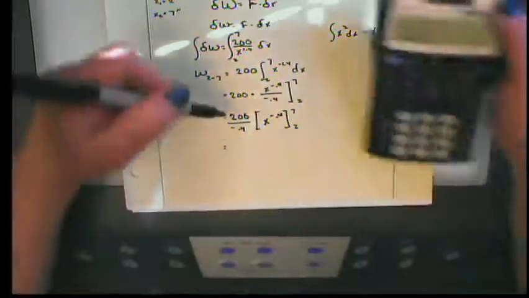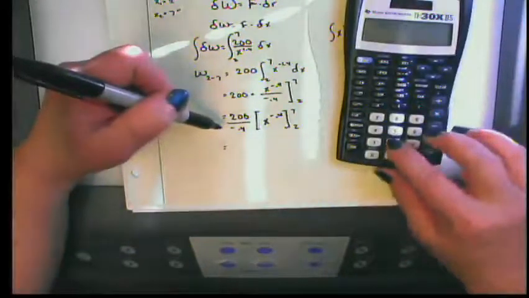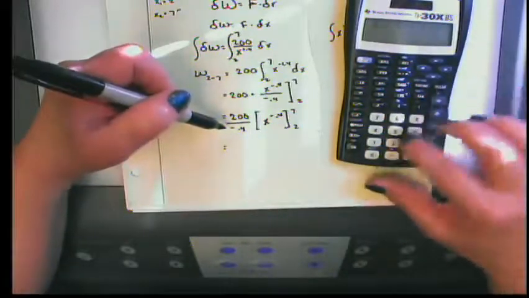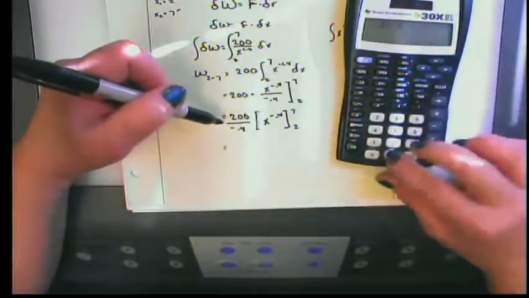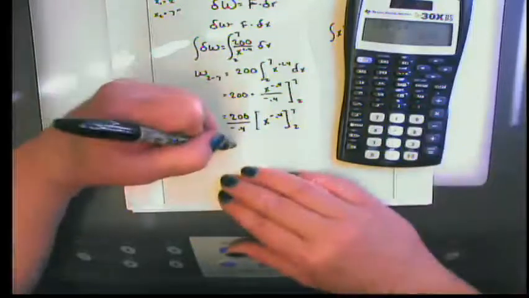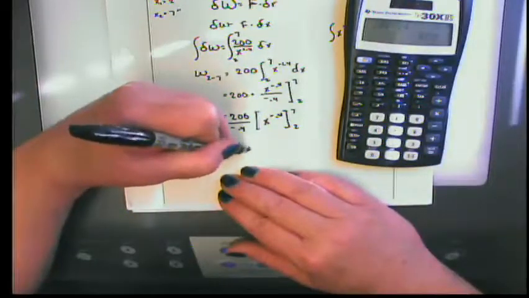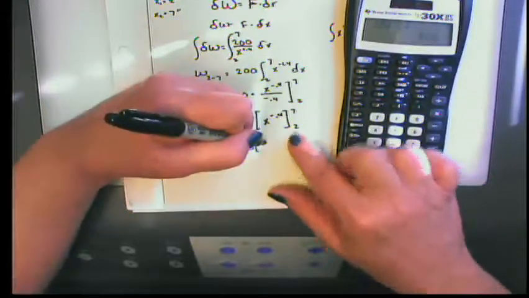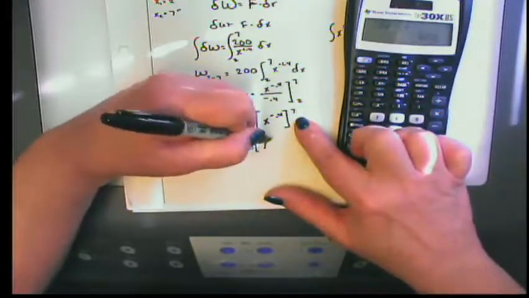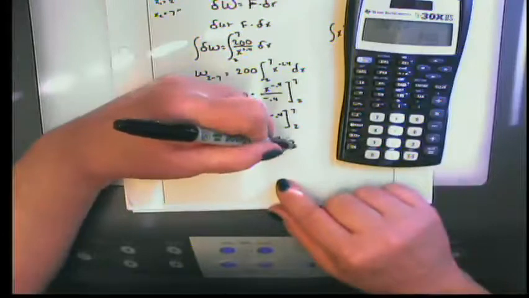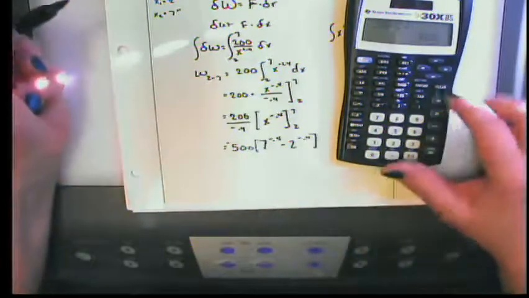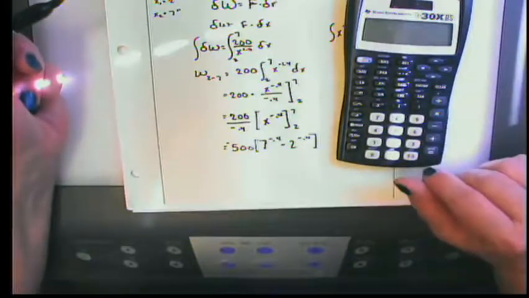So if I take, just to find this number out front, 200 divided by negative 0.4, this is negative 500, and then I would have x, which is 7, raised to the minus 0.4, minus 2 raised to the negative 0.4 power, and let's see where my button is for that.